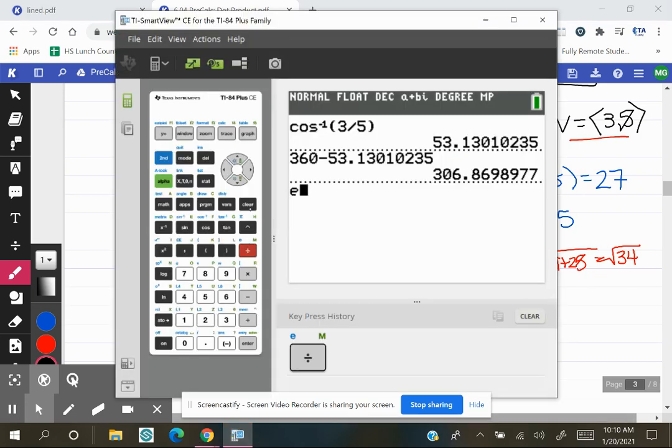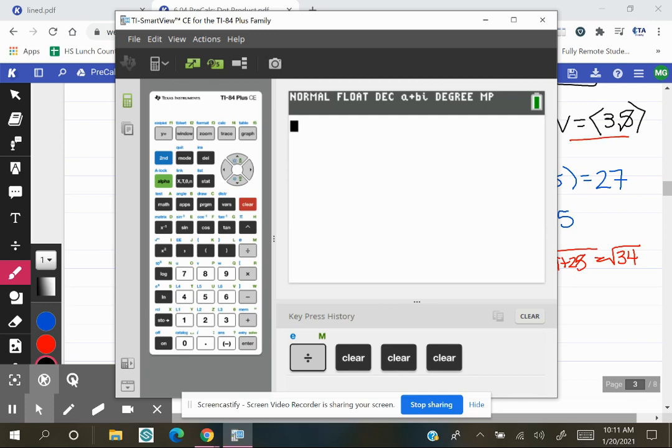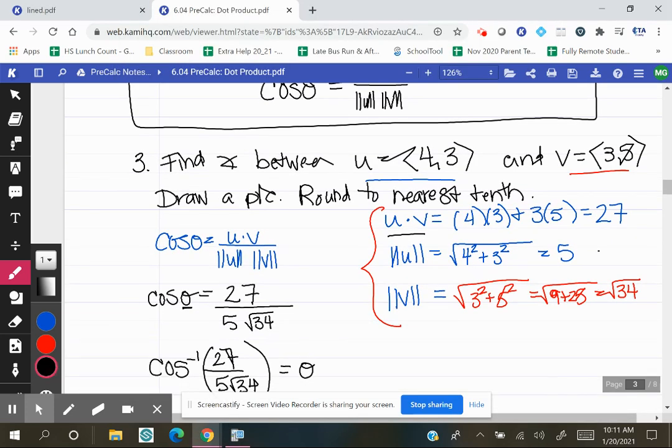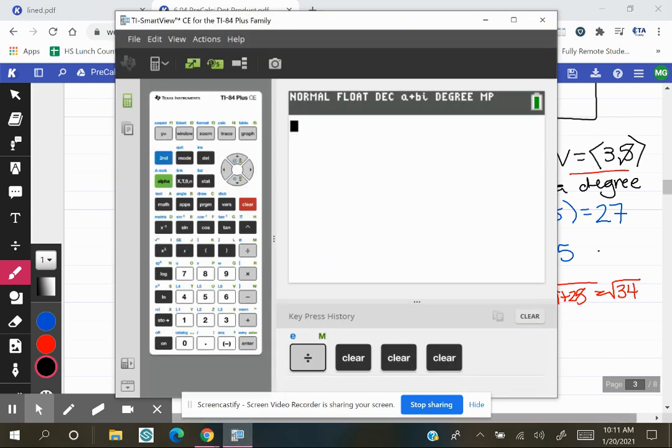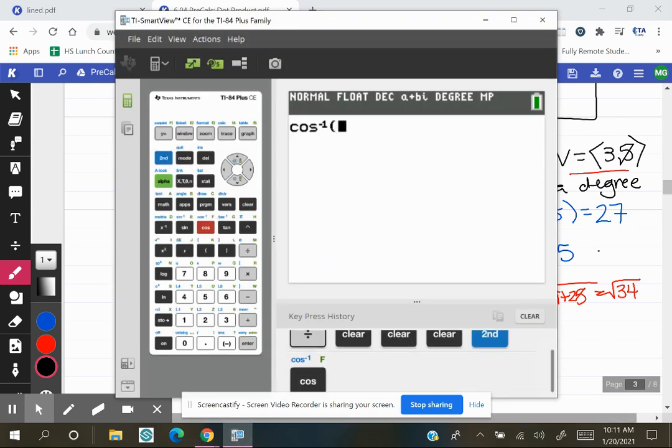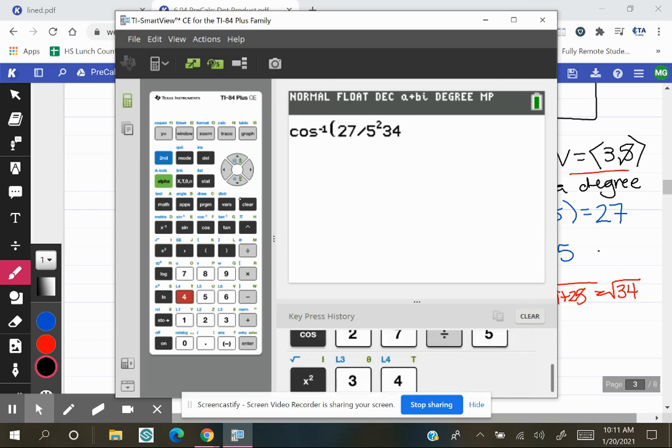So if I pull this up, and I want it in degrees, I said it, to the nearest tenth of a degree. So we would do inverse cosine of 27 divided by 5 rad 34.